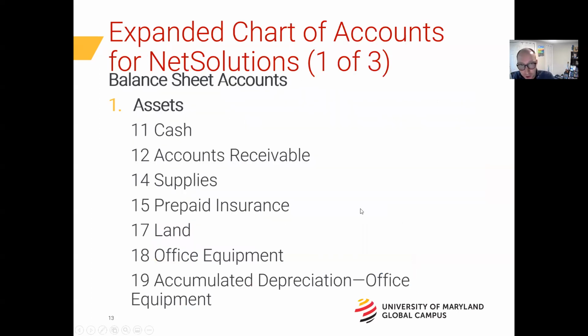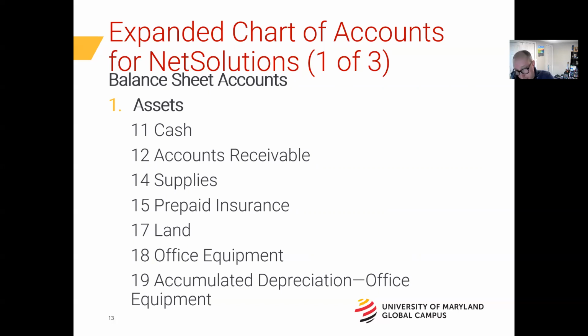So let's take a look at the chart of accounts. We talked about this very briefly in our last session, but we're going to go into a little bit more detail today. So the balance sheet has assets, liabilities, and equity. Under assets, we have things like cash, accounts receivable, supplies, which is also known as inventory, and prepaid insurance.